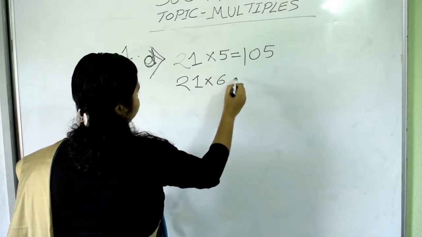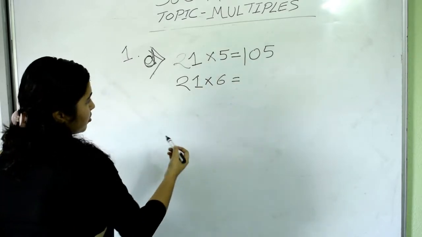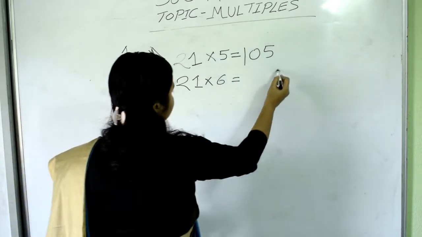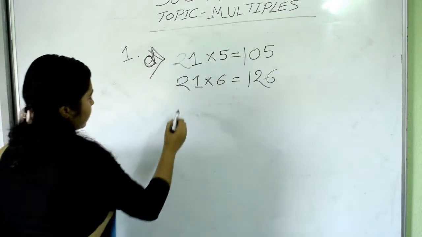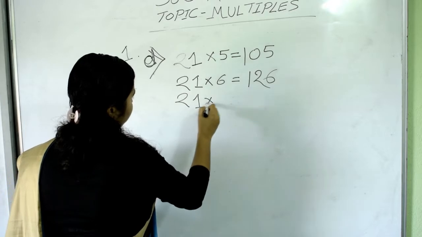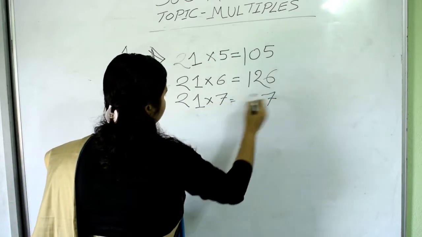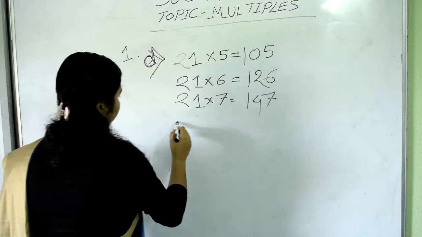Next one, 21 into 6, which is the 6th multiple of 21, which is 126. Next 7, 147.